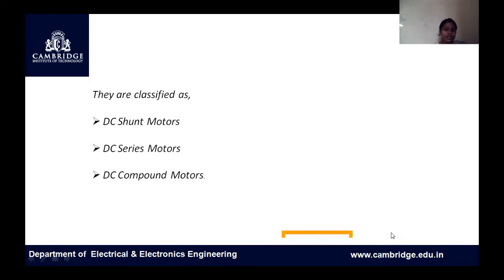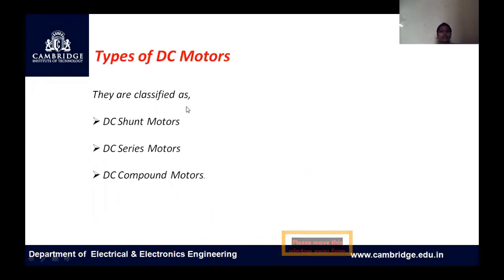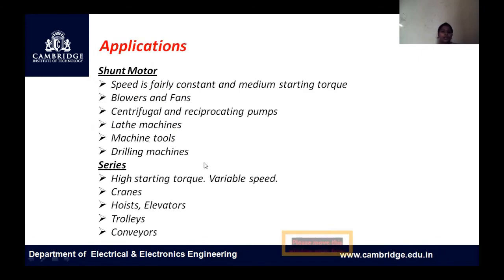We will also discuss these parameters, then the torque derivation, and finally the classifications of DC motor, that is DC shunt motor, DC series motor, and DC compound motors. Finally, we are going to touch on the applications of DC motor.